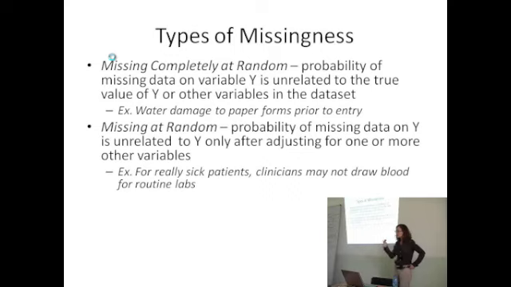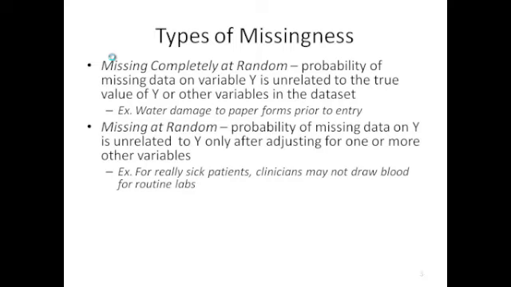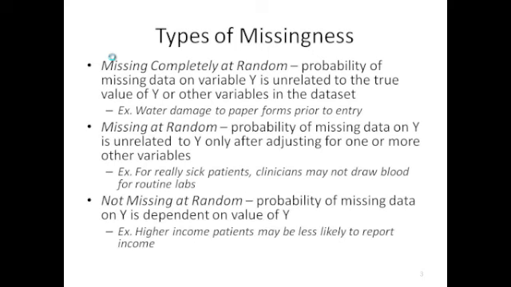So that's a situation where the missing is at random. Some clinicians may decide, some clinicians may not decide to draw the blood on sick patients. So this one becomes a little more tricky to work with when you're doing the analysis. But the most tricky one is the not missing at random.